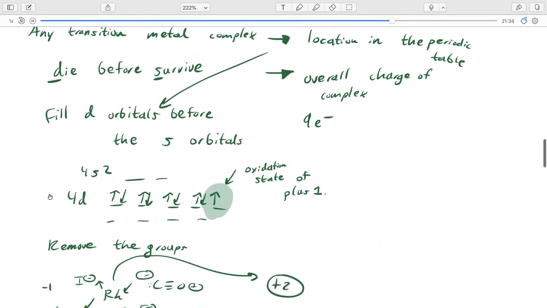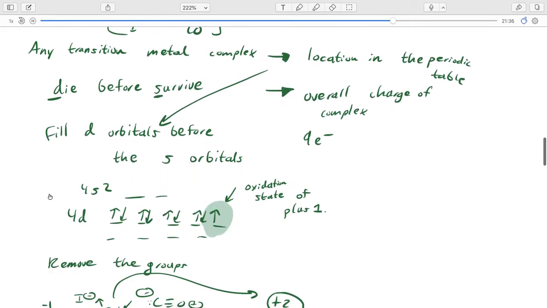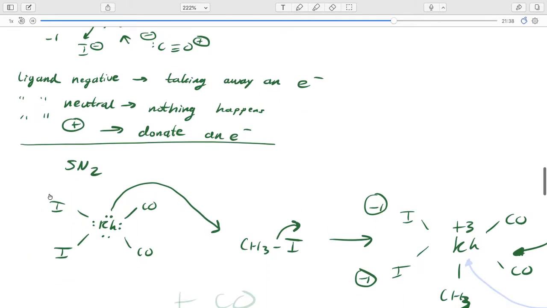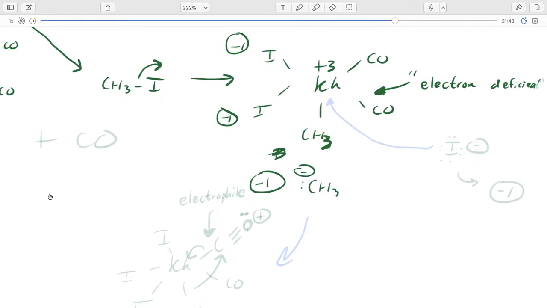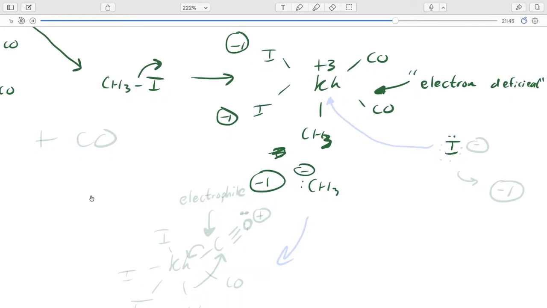Because this is becoming more electron deficient, it's going to make it more apt for this iodine to come in, which by the way has an oxidation number of -1. Because this rhodium is losing electrons in a sense, well, not really losing, it's just distributing them to other atoms, the iodine will be able to sling in right there, and we're all happy.